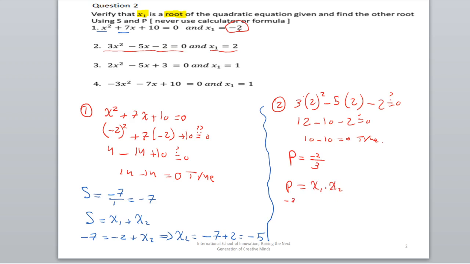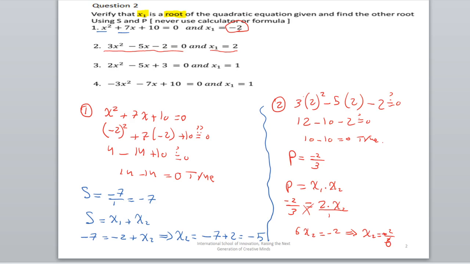The product is negative 2 over 3 and x1 equals 2 times x2. Now I do cross multiply, or I can put this over 1; you can do it the way you like. So I cross multiply: 6x2 equals negative 2, which gives x2 equals negative 2 over 3 over 6.